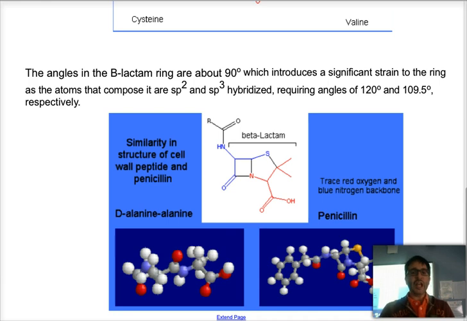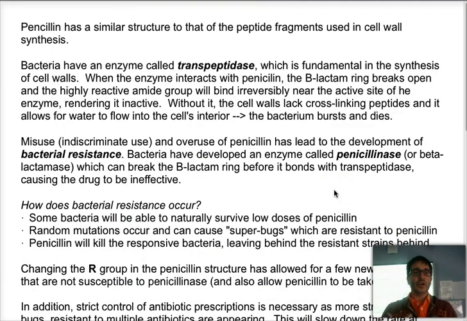So what happens is, in the presence of penicillin, the bacteria normally use an enzyme called transpeptidase to build the cell walls, making bonds between the peptides in order to keep the structure of the cell wall waterproof. But because the structure of penicillin so much resembles some of the amino acids, penicillin will react with the transpeptidase.